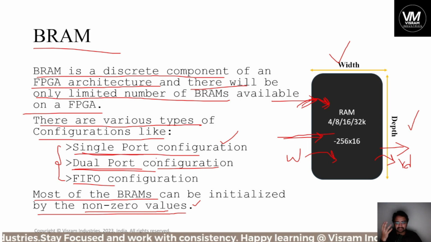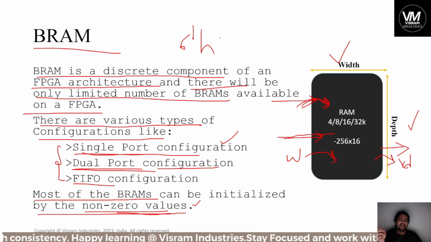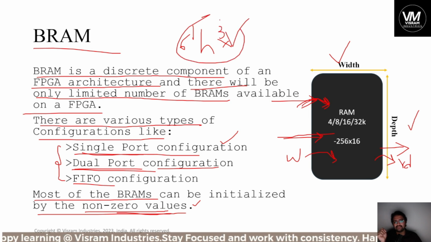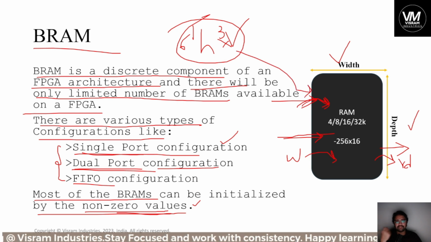So don't be surprised when the Verilog HDL wrapper generates code for this BRAM with some non-zero initialization, like a 6-bit hex value. You can start from 3 or some other value as an input, and the BRAM can work from that point. There is no hard and fast rule to start initialization at 0.